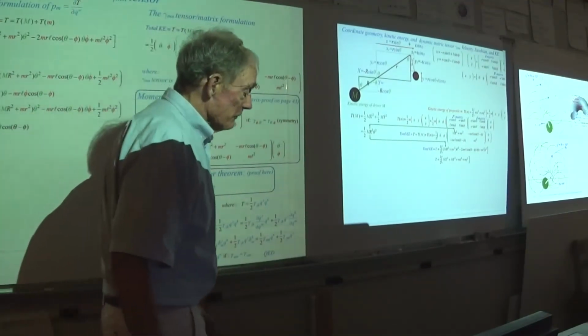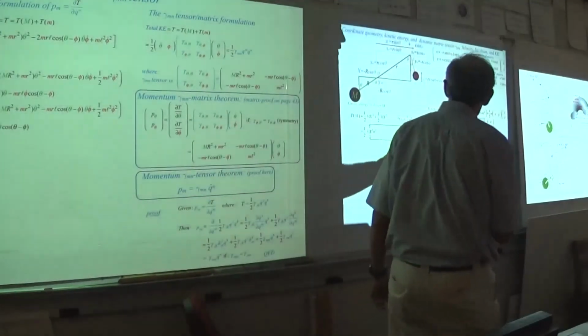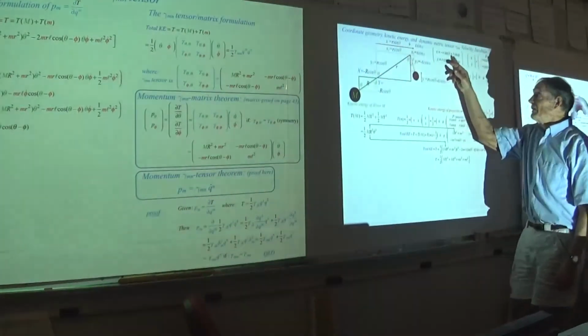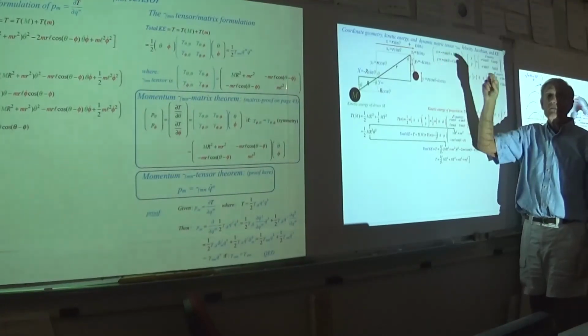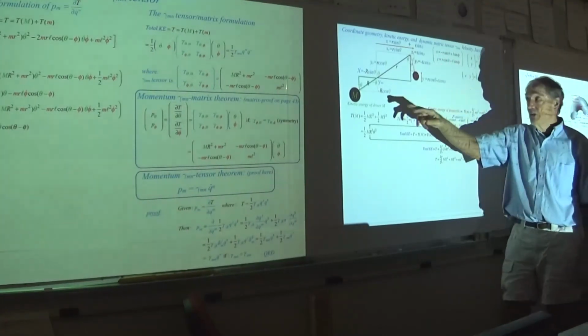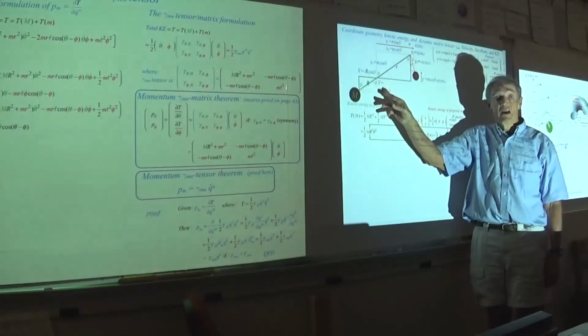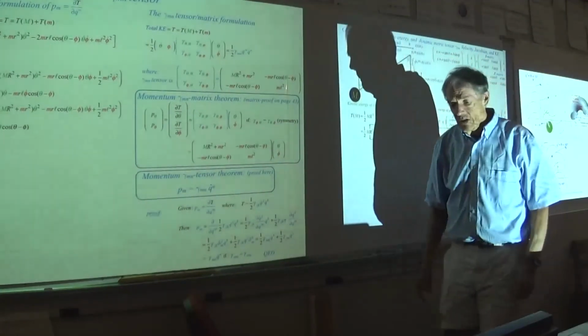If you had an xy plotter and let your differential equations give you theta and phi, you would be plotting these two for the little guy, and for the big guy you'd plot those.